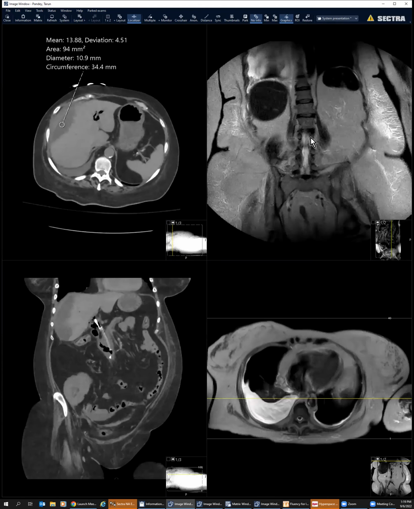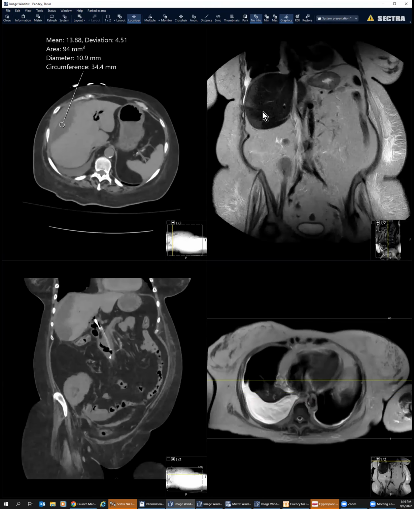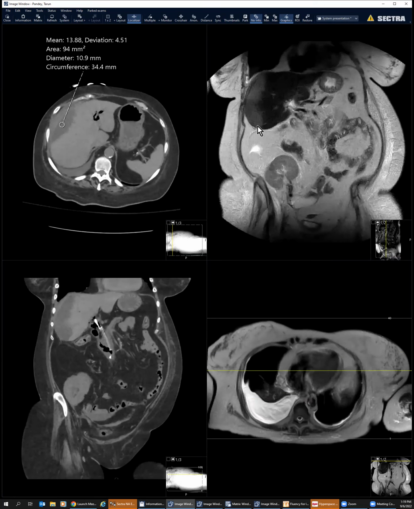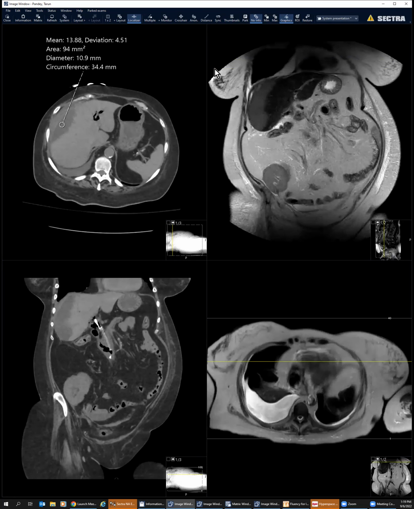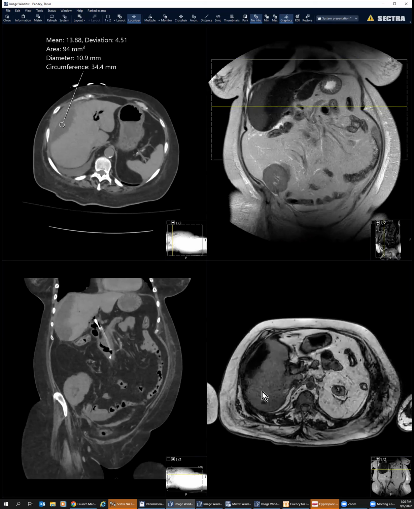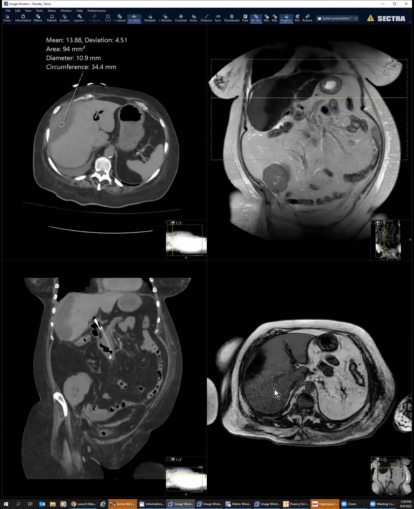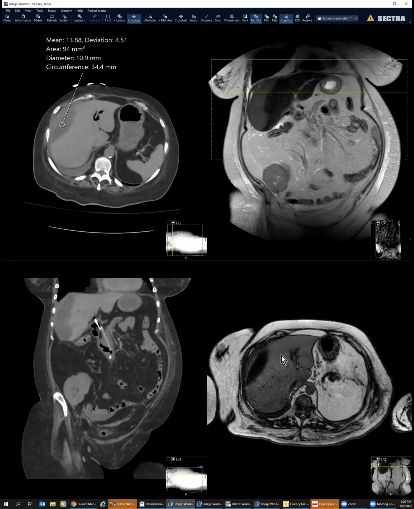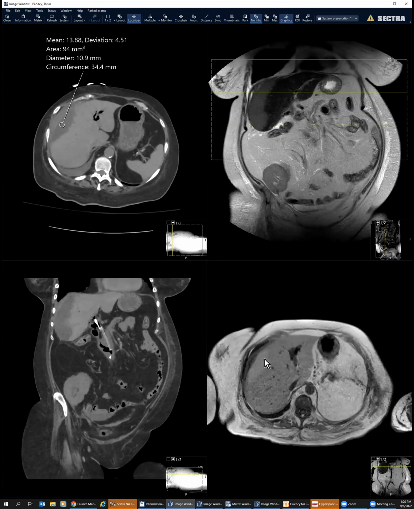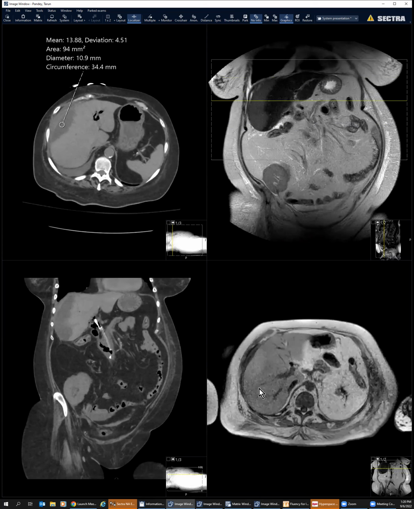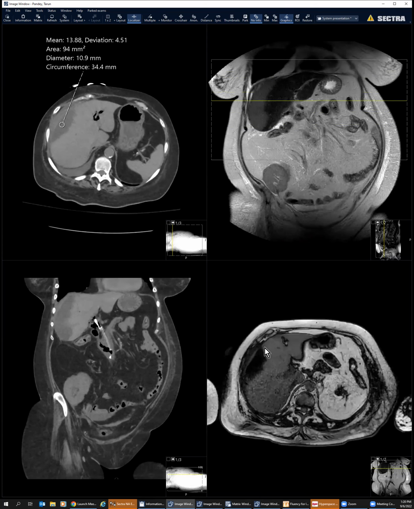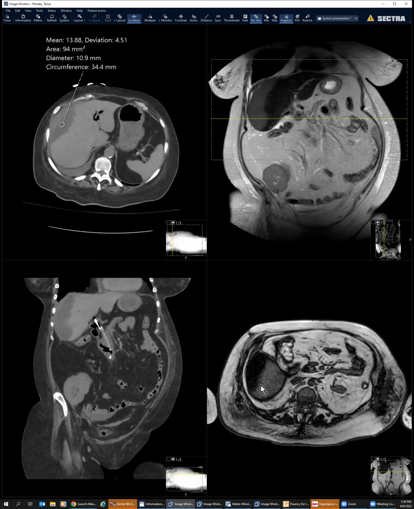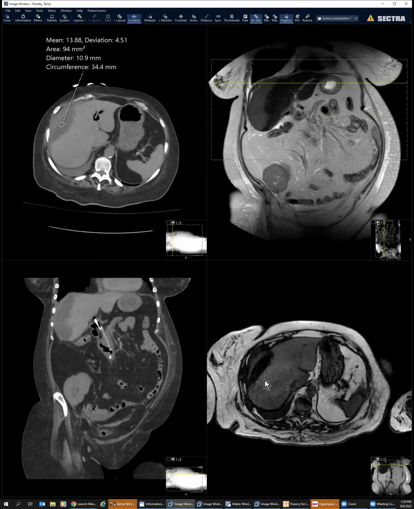But then we did MR subsequently, and it looks like this. It didn't really look like fluid there. So we looked at the in and out of phase images, this is the out of phase images, and the in phase images right here. So this was a case of a pretty geographic area of fatty infiltration along the liver.